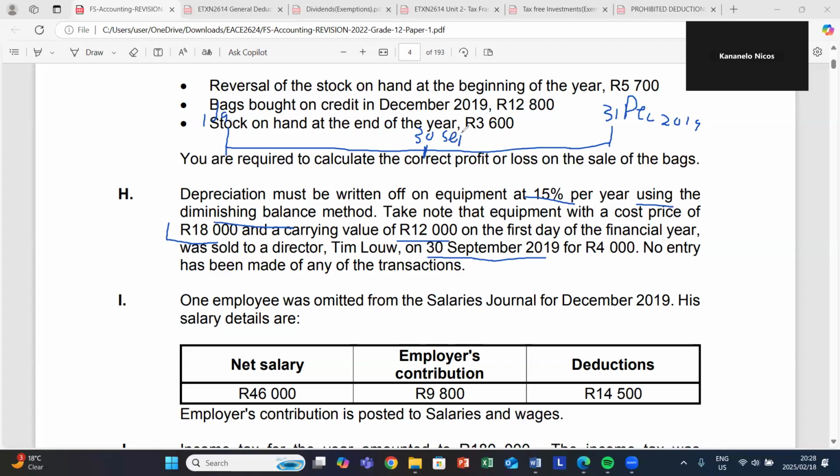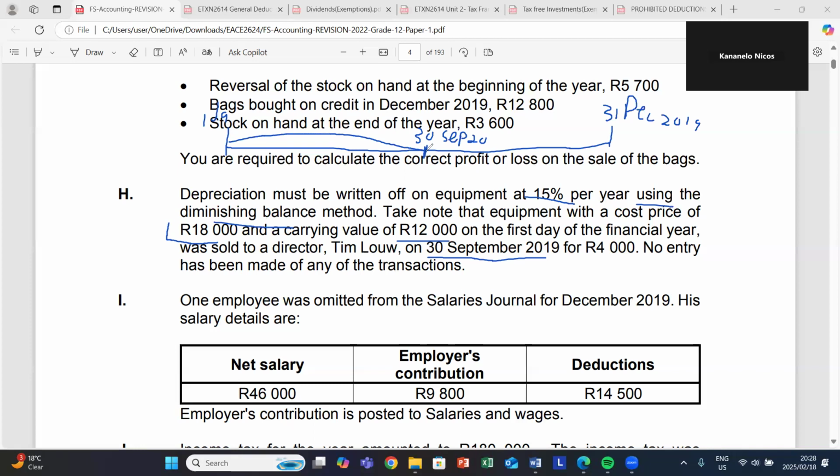On the 30th of September 2019, what did you do? You sold your asset. Meaning for this relevant financial year, you used your asset from the 1st of January when you opened your business up until the 30th of September.